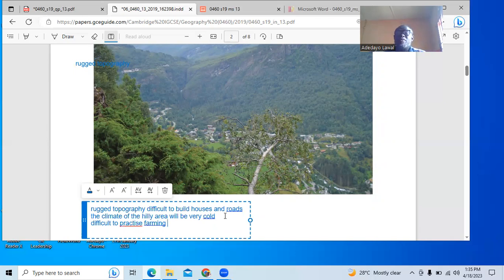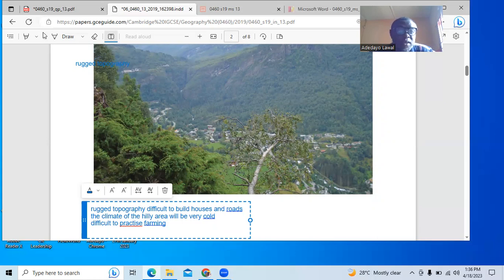If the weather is very cold, very extreme, and if it is difficult to practice farming, how do you survive? If it's difficult to build roads, now look at it. If somebody is living here, how do you connect from here to here? So many people will not want to live here.